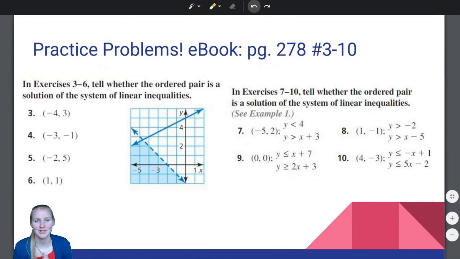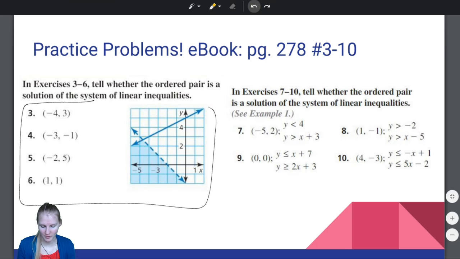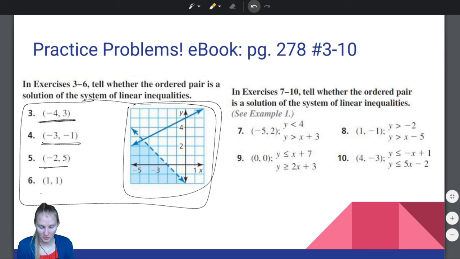These are some practice problems that you can do to practice the skills that you have learned in this video. The first set of problems, we didn't do an example explicitly like this, but I want you to see if you can understand what's happening in this graph, and would these points be a solution? What does the shaded part of this graph mean?